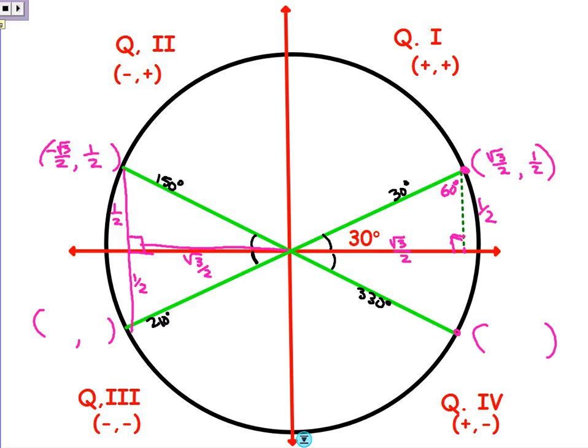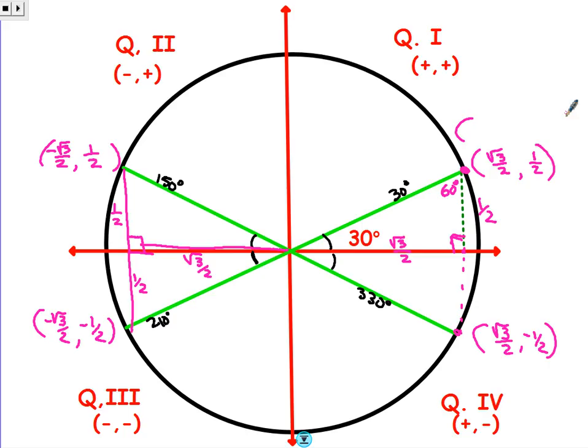Okay, so our coordinates will be negative, negative, so negative root 3 over 2, and negative 1/2. And over here, positive root 3 over 2, negative 1/2. So, actually what we just figured out, we figured out that the cosine of 30 degrees is root 3 over 2.